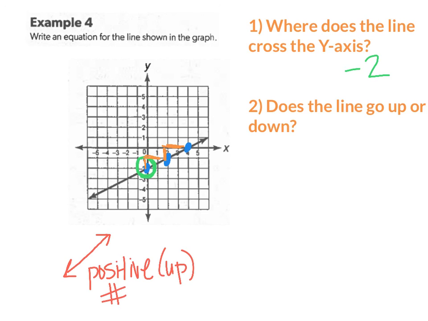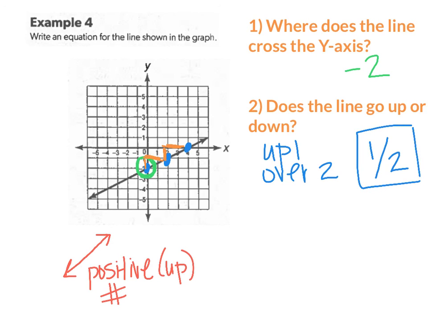I went up 1 and I went over 2. So I'm going to put those 2 numbers together, and that's going to be up 1 over 2. That's the second number that I'm going to need to make my equation.